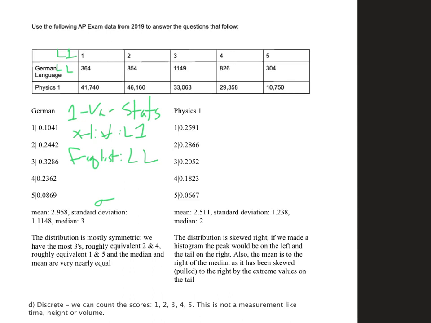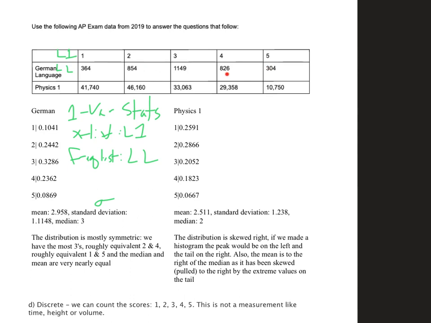If you look at the first one, it's not perfectly symmetric, but between the three choices of symmetric, left skewed, right skewed, symmetric is by far the better option for German. I mean, you can see we've got significantly more threes. The numbers of twos and fours are roughly the same. The numbers of ones and fives are again roughly the same.